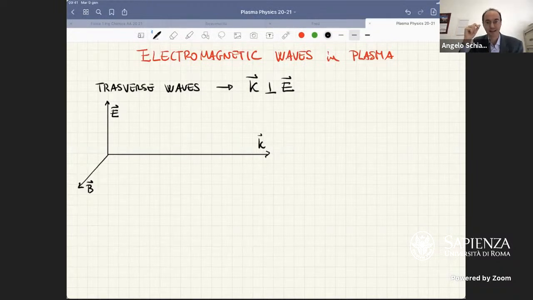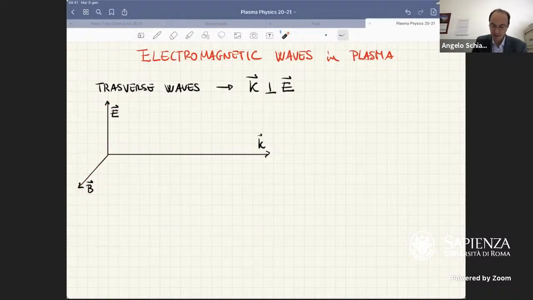This is a light wave in vacuum, and the electric field and the magnetic field are perpendicular to each other, and the vector product is giving us the direction of the wave.